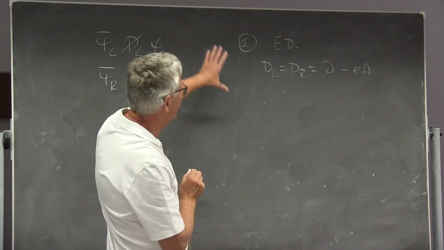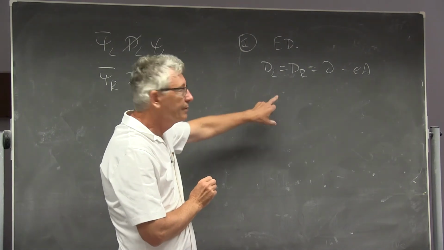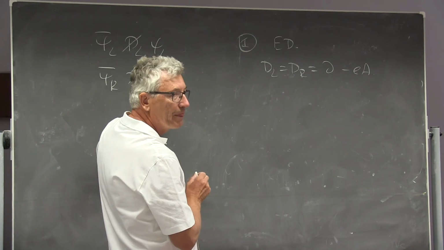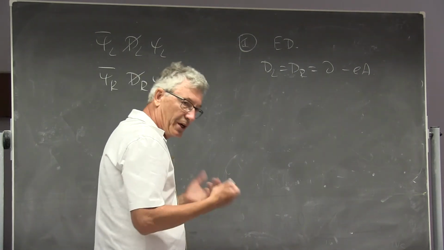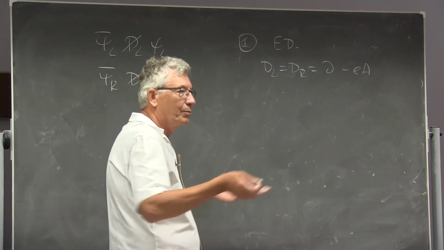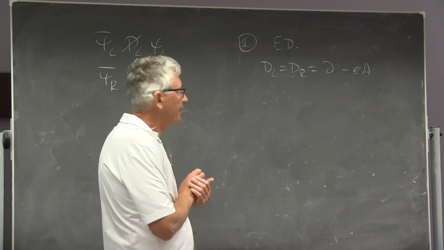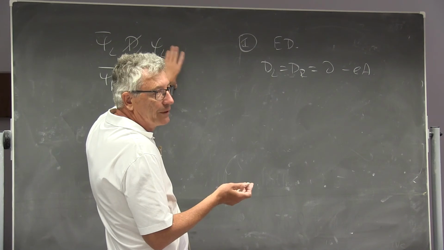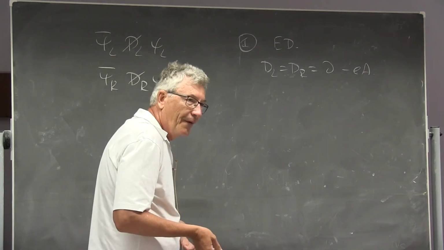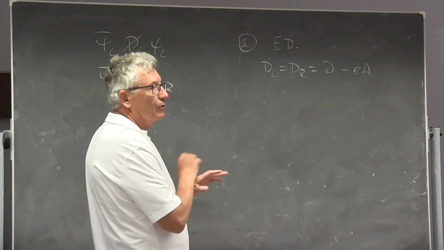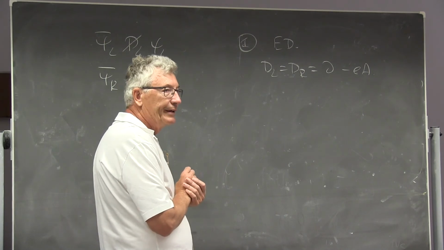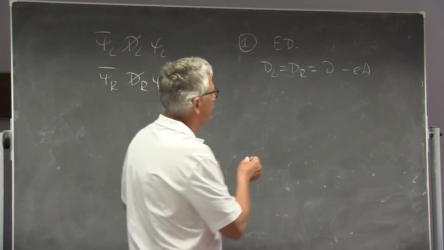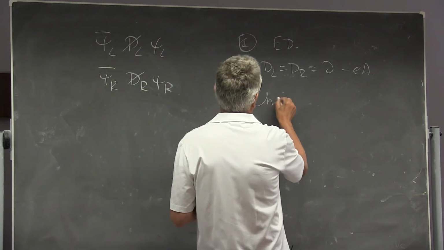If we have this charge assignment, the left-handed particle and right-handed particle have the same charges as in normal electrodynamics, and then this theory is anomaly free. There are no gauge anomalies whatsoever. However, in this theory, there is what is called the chiral anomaly.